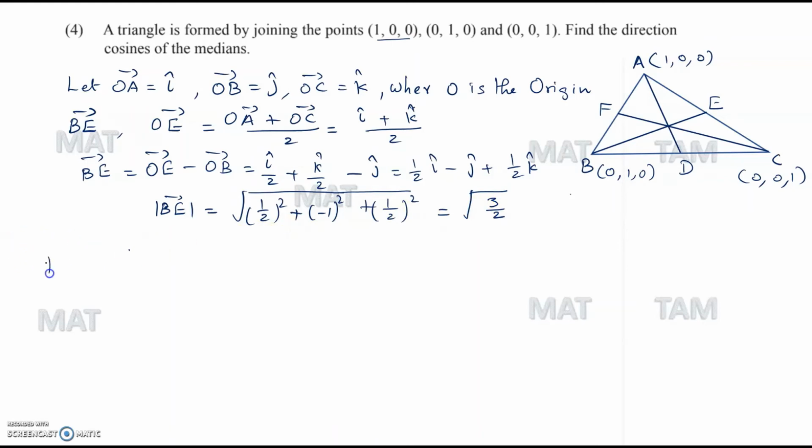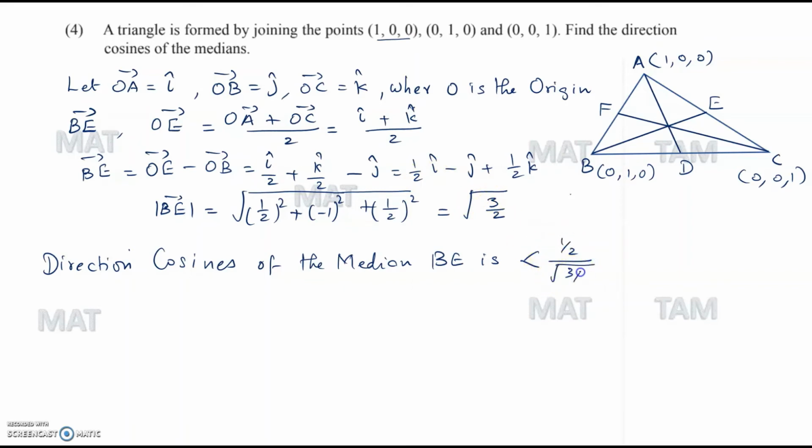Therefore, our direction cosines of the median BE are, we take the coefficient of i cap, which is 1 by 2 over root 3 by 2, and minus 1 by root 3 by 2 and 1 by 2 by root 3 by 2.